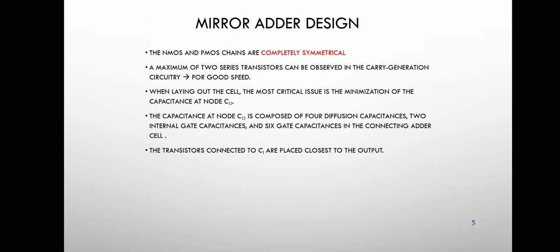Next one is the mirror adder. In the mirror adder, the PMOS and the NMOS networks are equivalent to each other for both the sum and carry outputs, and this leads to a fully symmetric circuit topology. The current in both the PMOS and the NMOS symmetric networks is equal, and they are mirrors of each other. This is the form which is created by the 4-bit ripple adder.